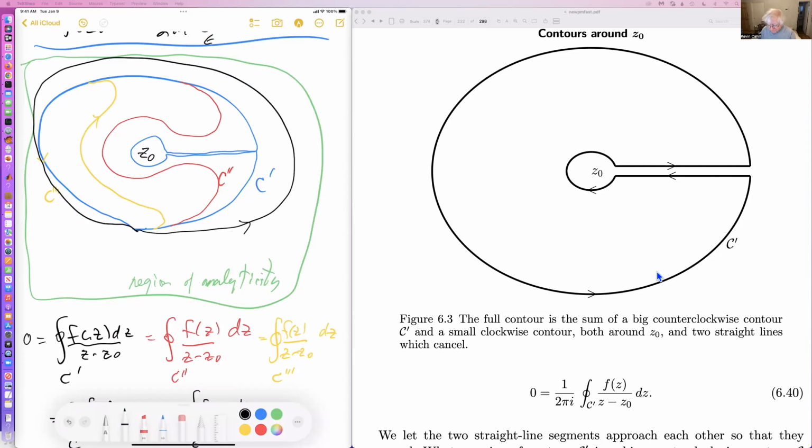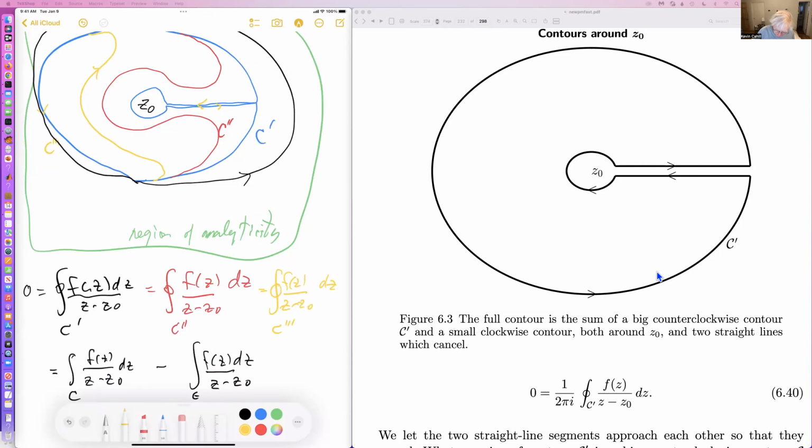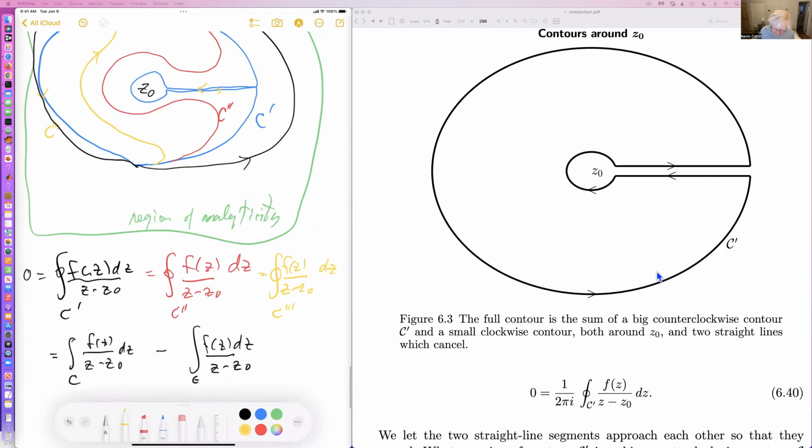But you see what's happening here is that these two lines, one of them going this way and the other going that way, almost overlapping in the limit where the lines are the same line, they completely cancel. And so the integral just loops around z0, that's the contour C.